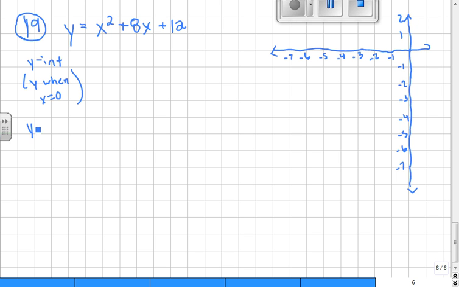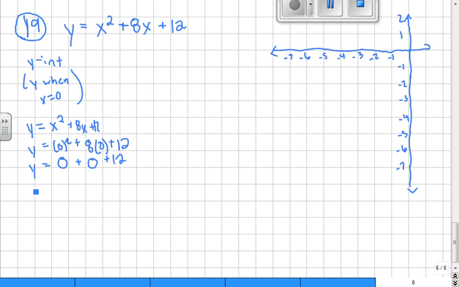So let's take our equation, y equals x squared plus 8x plus 12. We're going to plug in 0 for x. So 0 squared plus 8 times 0 plus 12. Well, 0 squared is just 0 times 0, which is 0. 8 times 0 is 0, because anything times 0 is 0, plus 12.